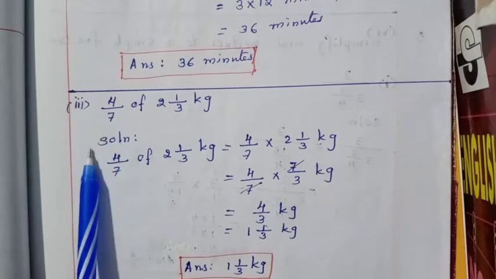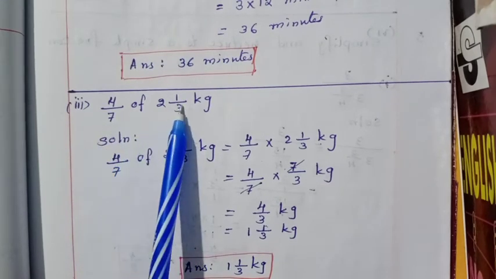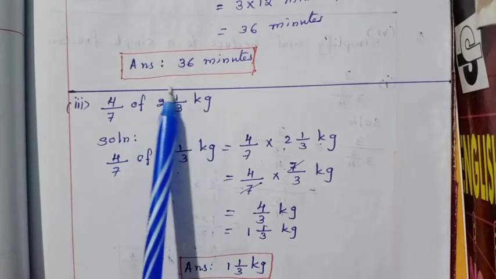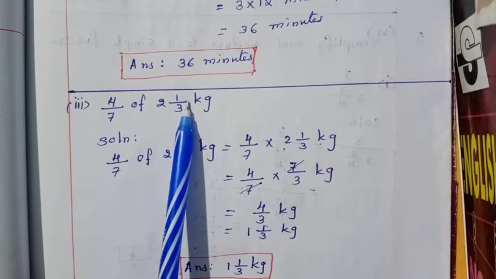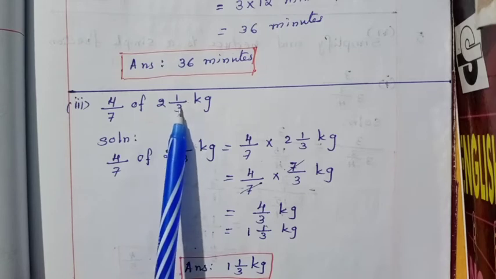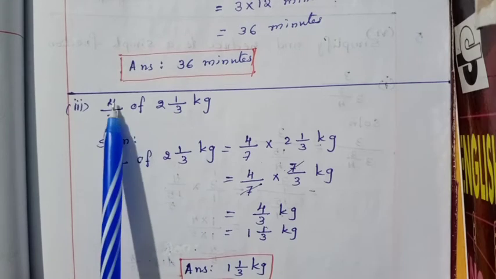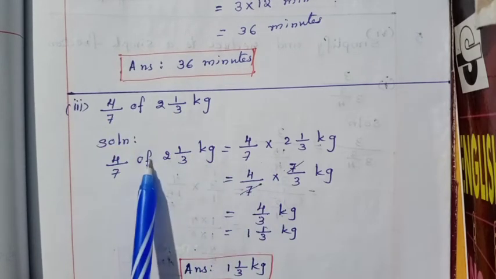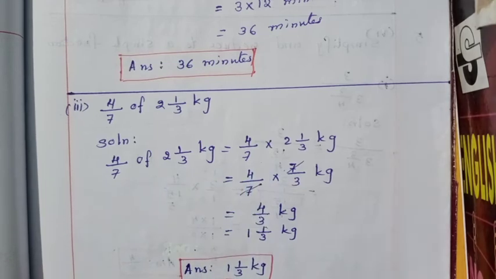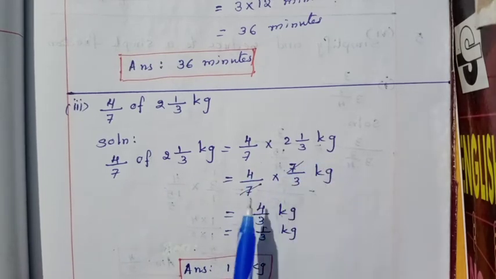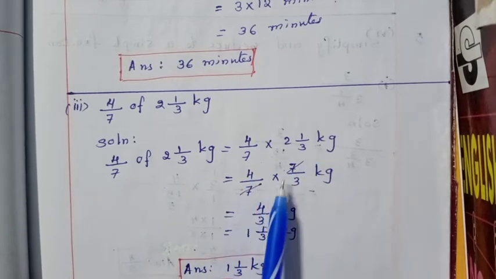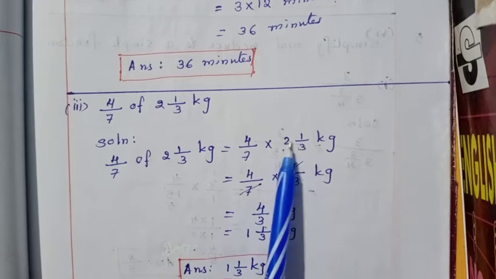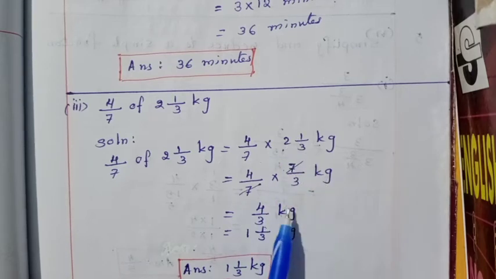Third question, 4 by 7 of 2 1 by 3 kg. Mixed fraction: whenever there is a mixed fraction question, you convert it into an improper fraction. Then 4 by 7 into 2 1 by 3 kg, which is 3 into 2, 6 plus 1, 7 by 3 kg.